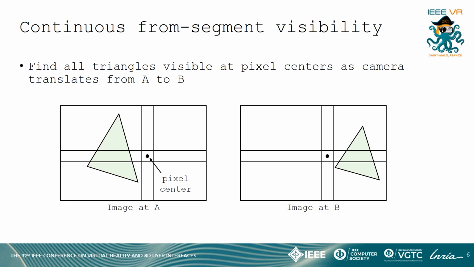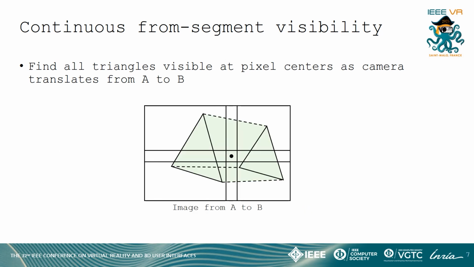To the left you have what an image looks like when the camera is at A. It's a single triangle and a single pixel is shown here, and that's the pixel center. Then as the camera translates to the left, that creates an apparent translation of the triangle to the right, and the image at B shows the situation when the camera is at point B. Here are the images shown together in a coordinate system anchored to the camera.